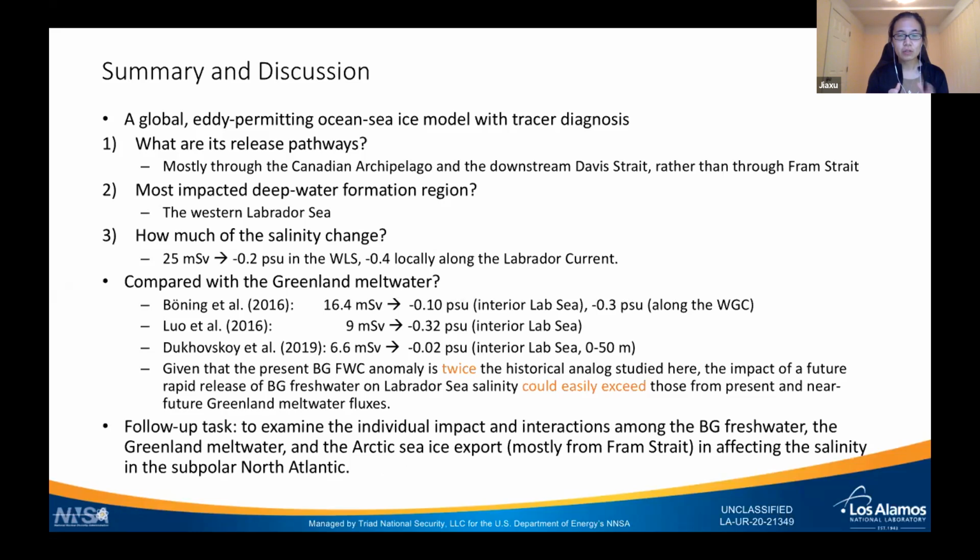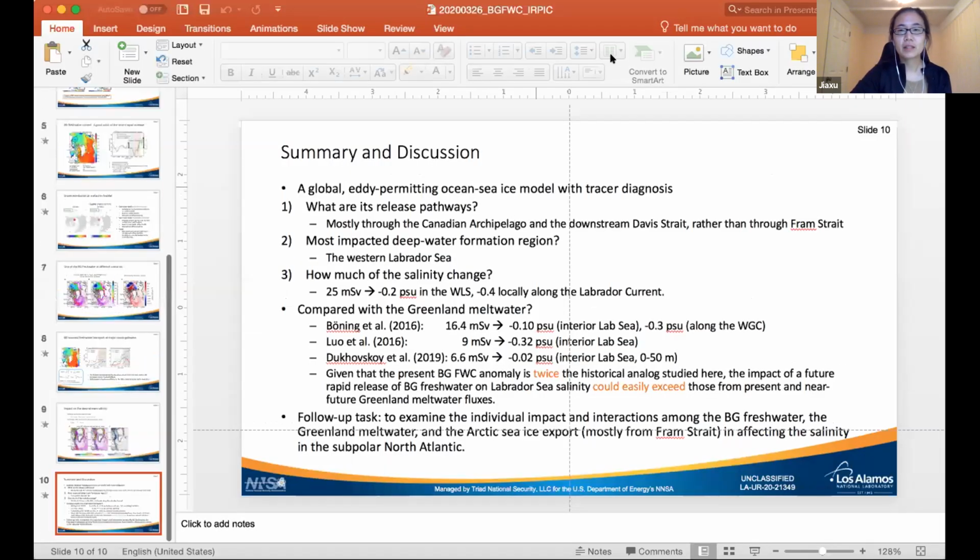It will be nice to quantitatively compare the three of them, and see how much they impact the subpolar North Atlantic. If anyone is interested in this, we will be happy to collaborate and work together. So I'm done and ready to take questions.